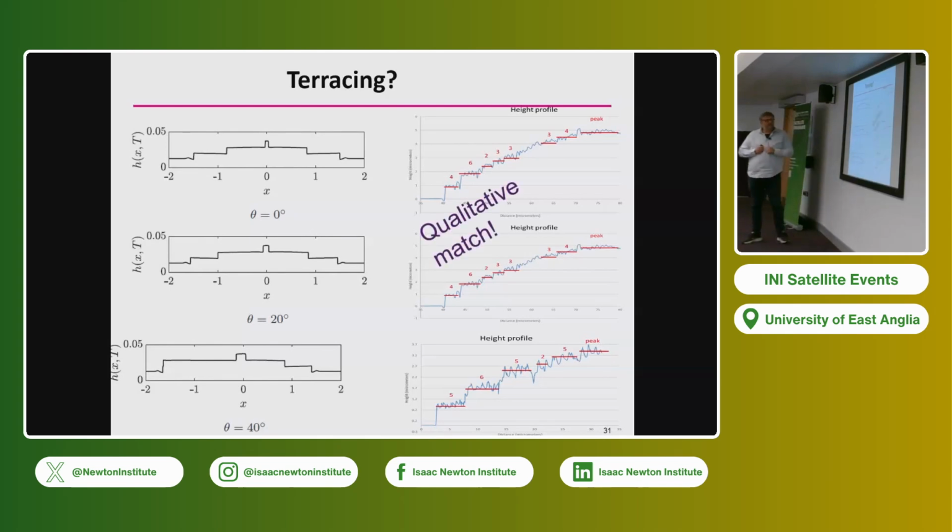And I think qualitatively at this point in time, we have a good agreement. However, this needs further refinement to actually see how many different terraces appear and why, because there are too many parameters at play. We need to identify which one is the main perpetrator.